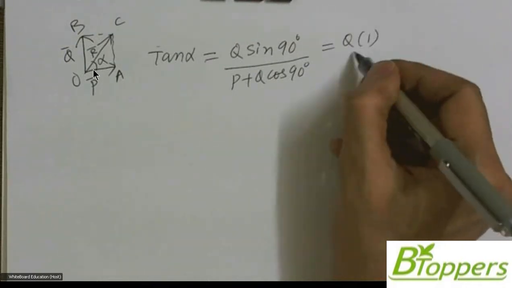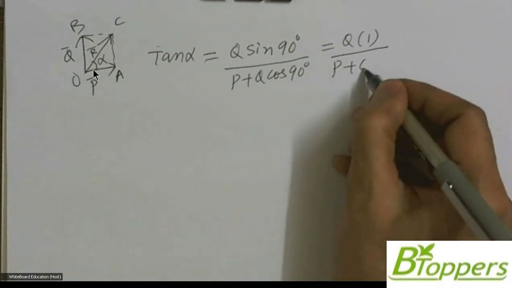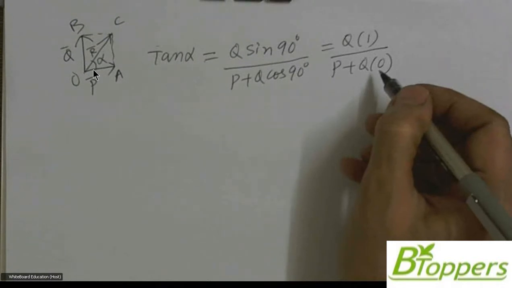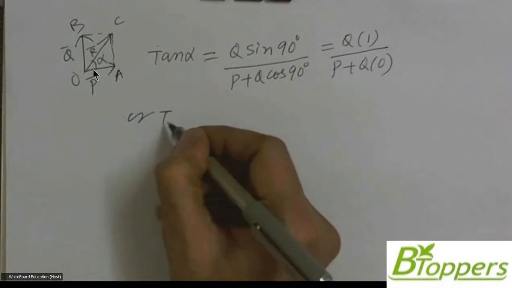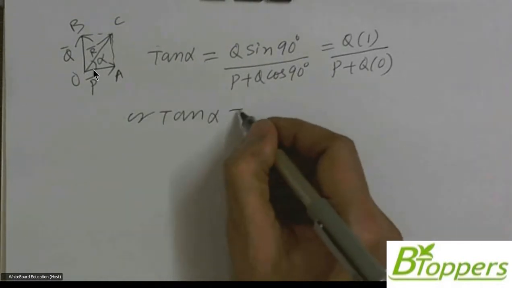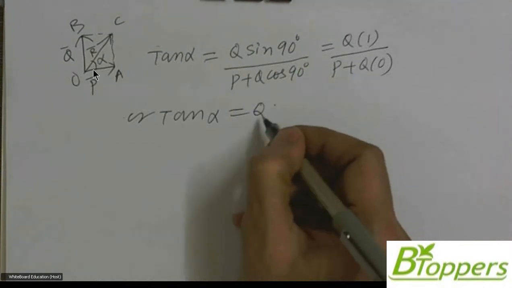As you know, sin 90 degrees equals 1 and cos 90 degrees is 0. So you get tan alpha in this case equal to q by p.